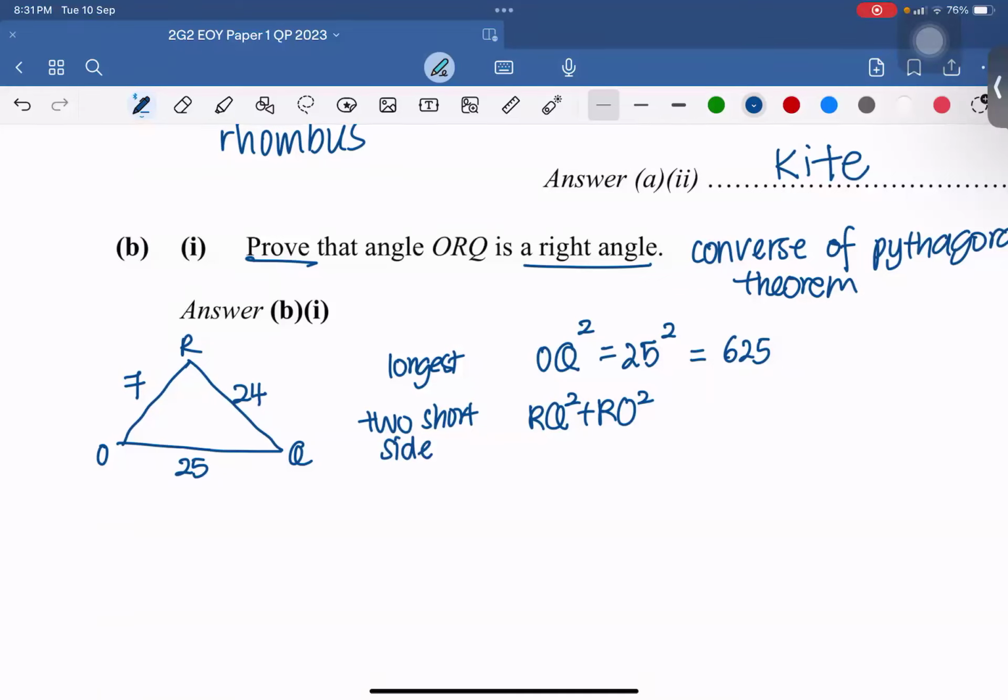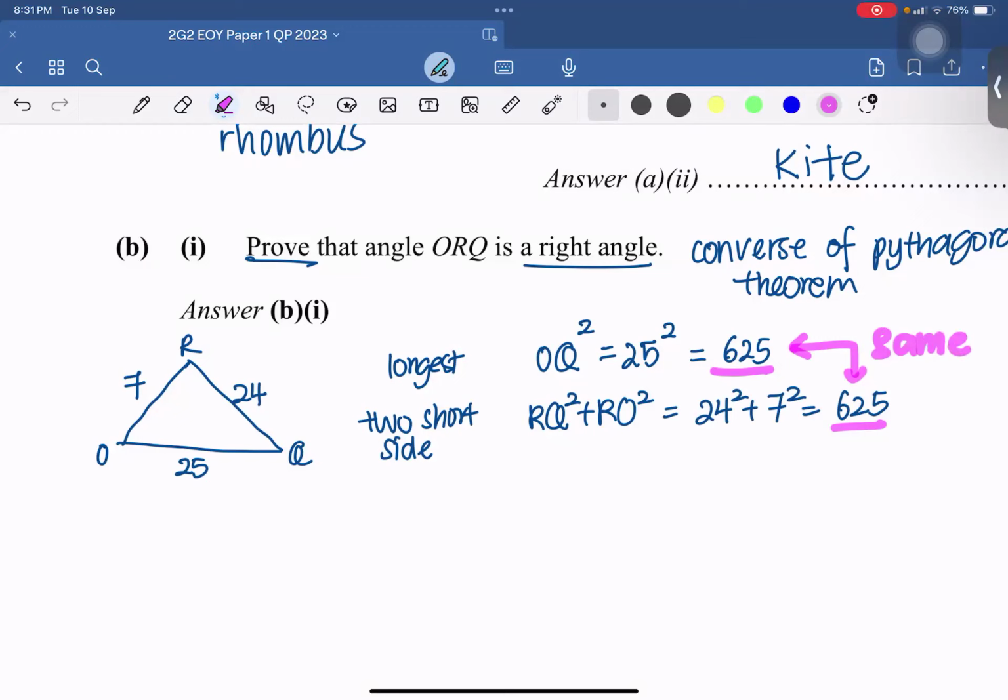RQ square plus RO square will be 24 square plus 7 square. Can you calculate this number? Also 625. Wonderful. We must make sure these two are the same. If these two are the same, is it a right angle triangle?